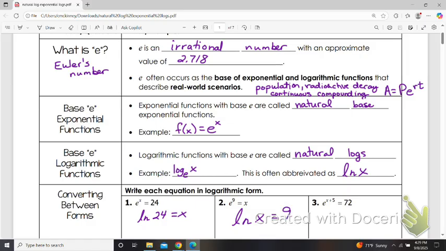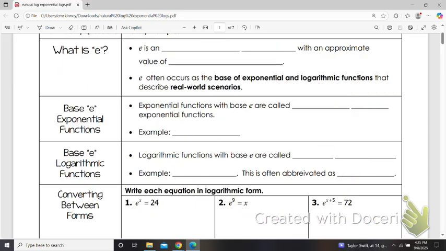The exponent is the one on the side by itself when it's in log form. So then here, natural log of 72 is equal to x plus 5. And we don't actually have to write the base because it is understood to be e if we are using natural log.